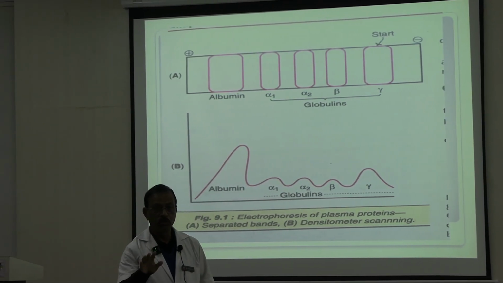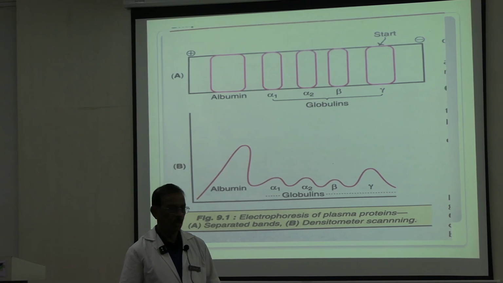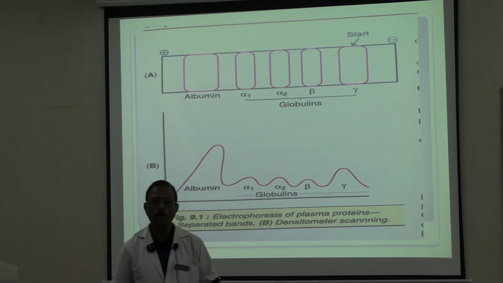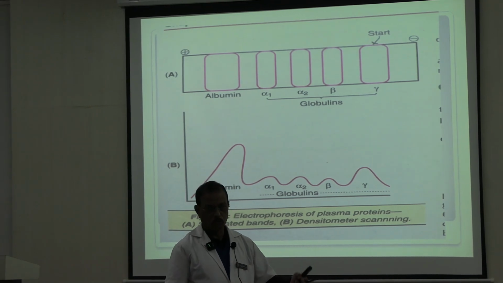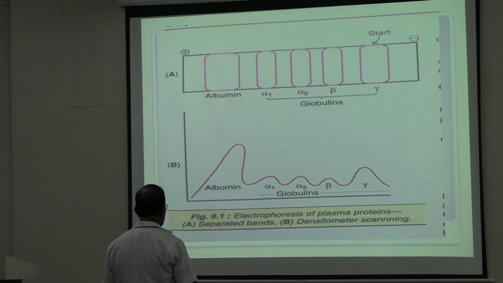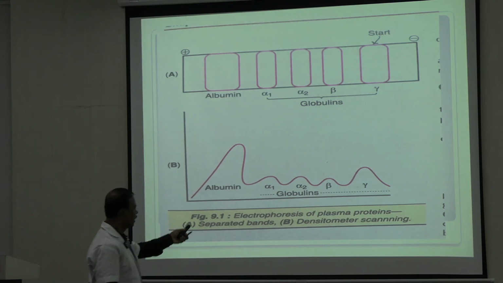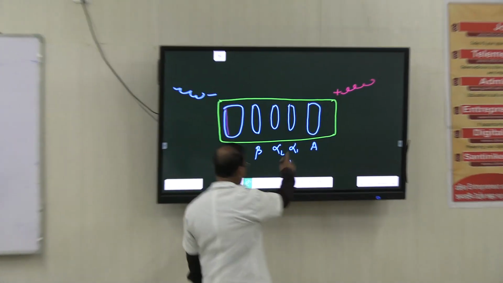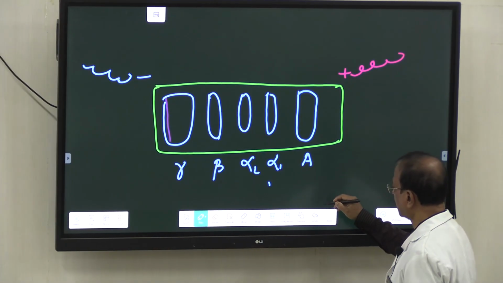Then we do densitometry. The depth of the color is proportional to the concentration of the solute of interest. So in densitometry, we get a graph like that. See, the maximum amount is albumin, so we get a large deflection of albumin.